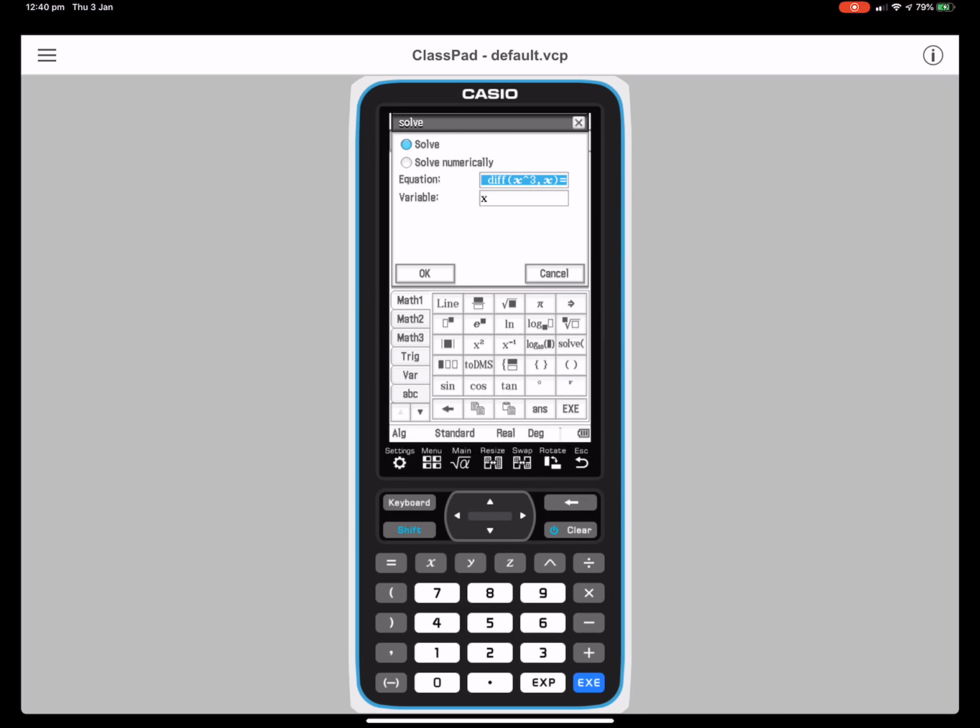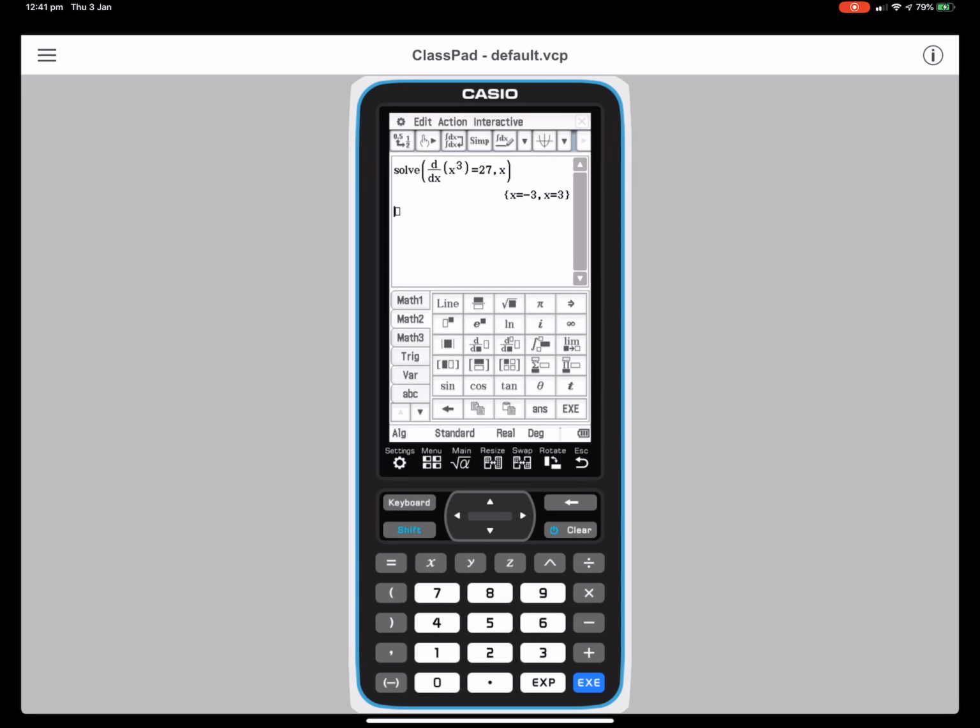Interactive, advanced, solve. So it equals it at those two values. And then if you want to find the y value, you just say given x is negative 3, and then do the same thing with x is plus 3. There's our two values.